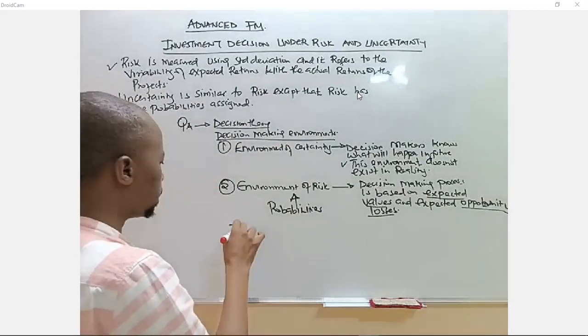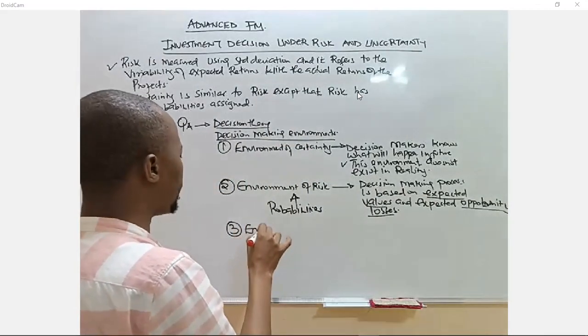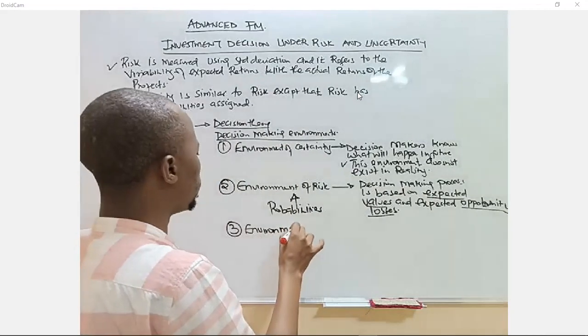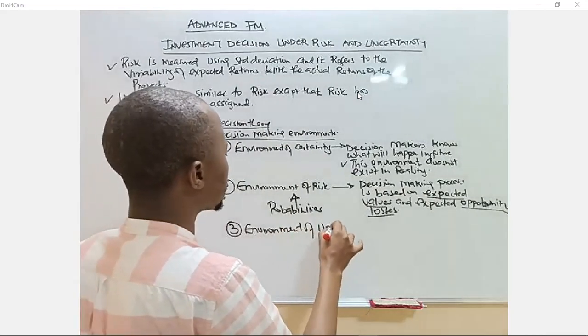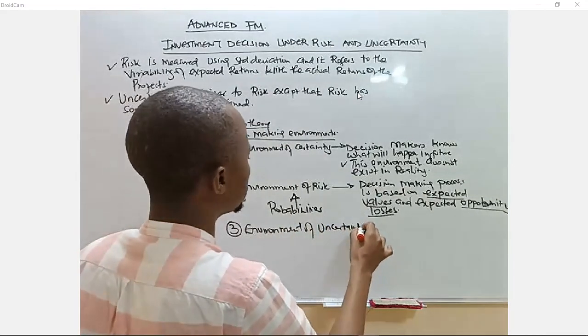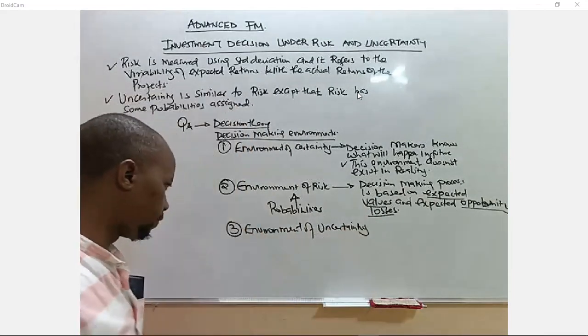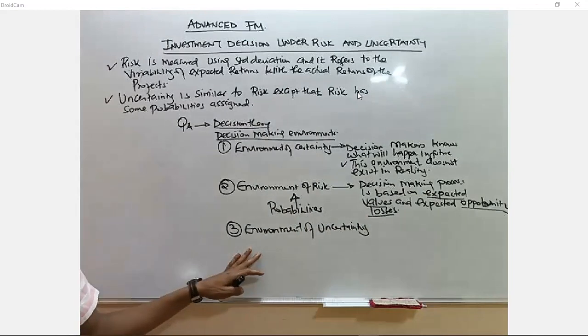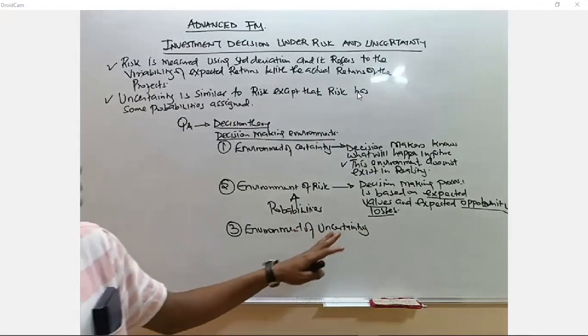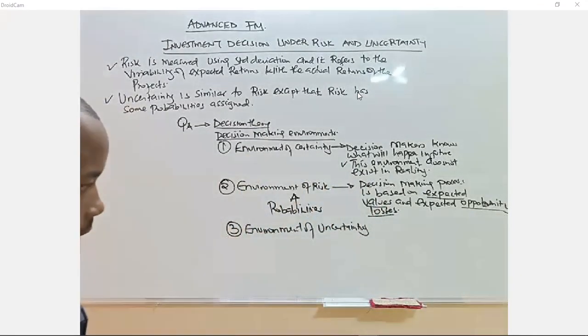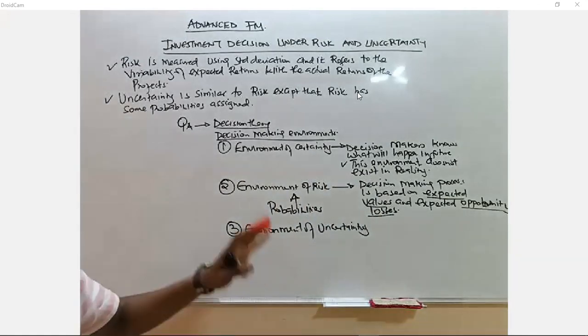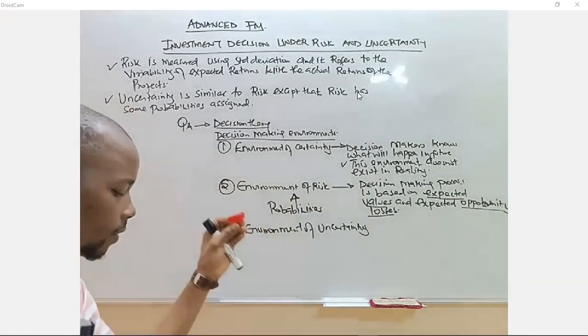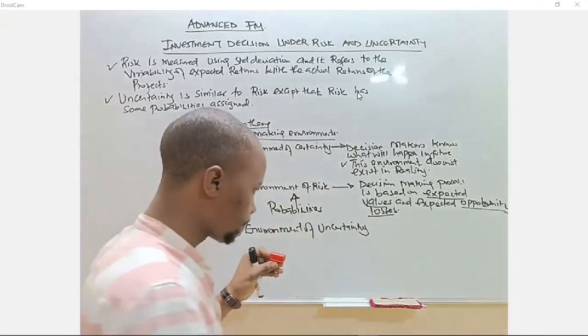I know number 3, you know very well we used to talk about the environment of uncertainty. And I will not be able to discuss the 4th one. The environment of uncertainty, we know very well, involves no probabilities. But we used to say it normally has around 5 decision-making criteria, rules, sorry.